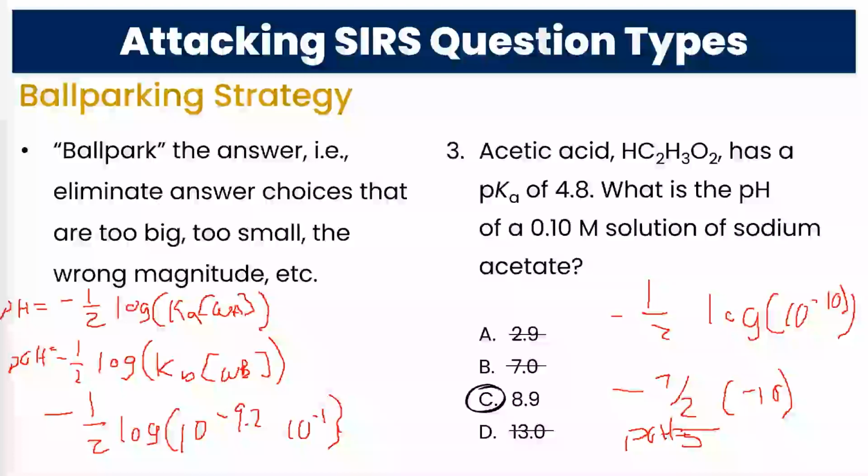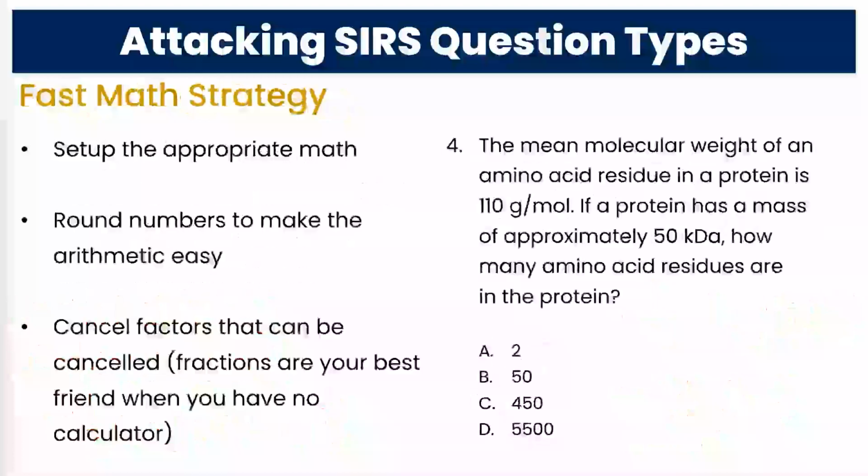All righty. So what other kind of math problems? Oh my goodness. How do we do fast math? So don't try to do everything all at once. That's a big mistake. Round the bejeebers out of numbers, man. Just round it. I don't care what the number is, round it. And then cancel before you multiply. What's that again?